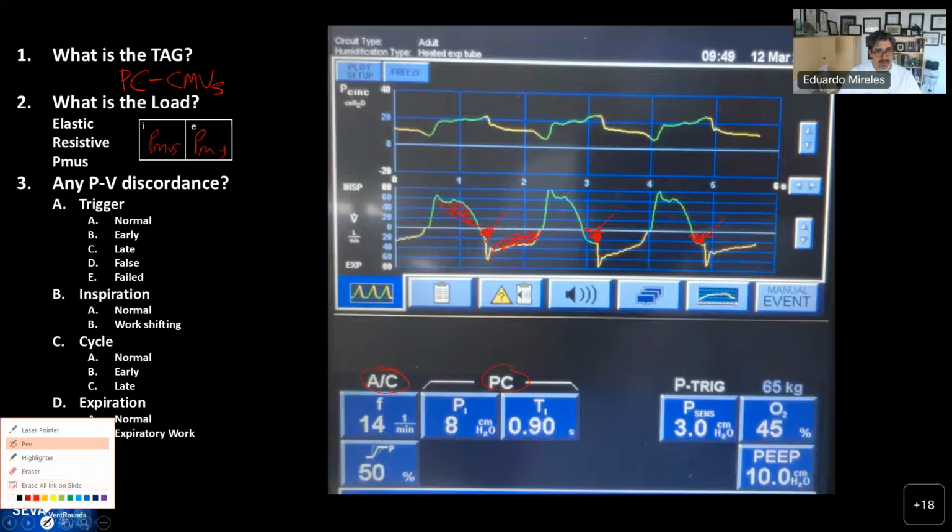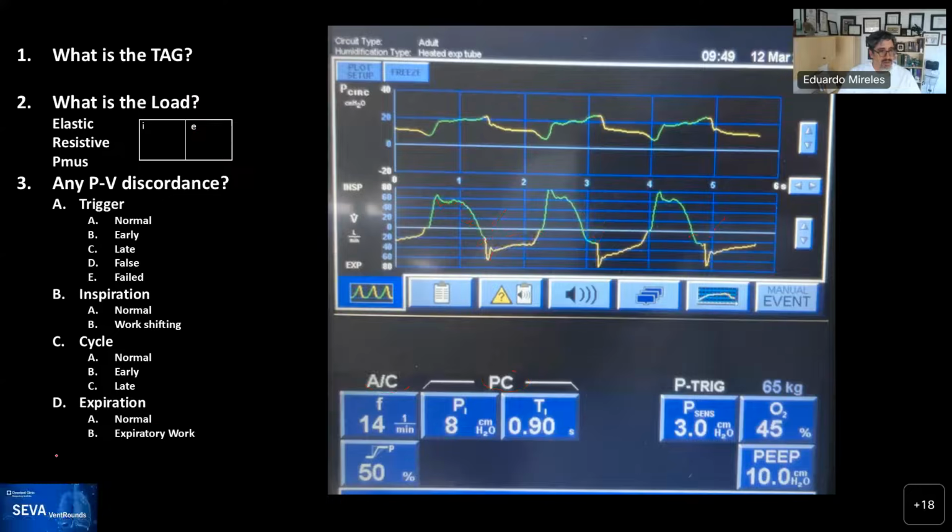Some of them, what you will see is a little pause here. It looks like an inspiratory pause, and then the patient would exhale. And so that's a marker that the ventilator essentially only lets you exhale if you surpass a certain amount of pressure. And then during expiration, evidently there's expiratory work, as we pointed out.